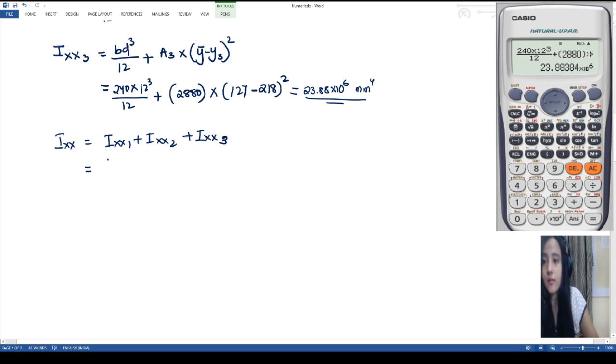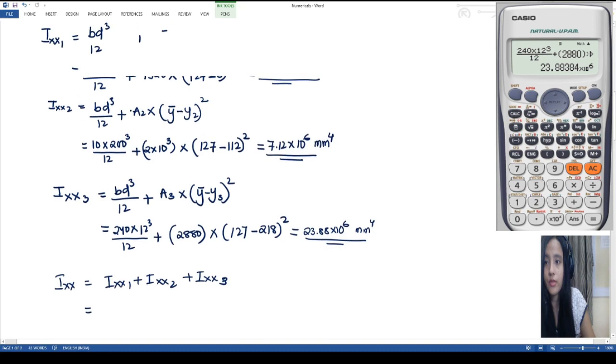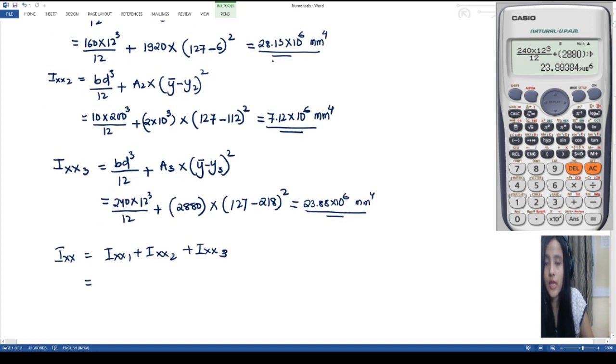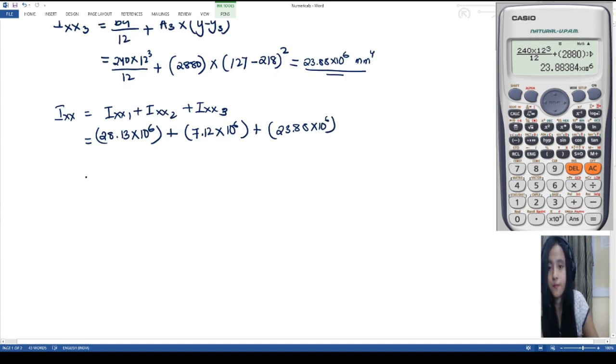Ixx1 was 28.13 into 10 raised to power 6, Ixx2 was 7.12 into 10 raised to power 6, plus Ixx3 is 23.88 into 10 raised to power 6. So let's add them all.